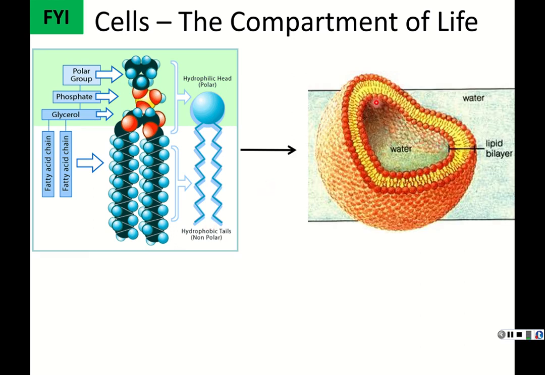You can arrange these to make a bilayer where the hydrophobic parts stick towards each other in the middle of this bilayer, and then the hydrophilic polar parts stick out. And so those parts will be the outside of the cell and the inside of the cell, both places that are exposed to water. Okay.